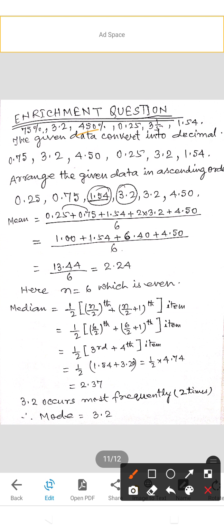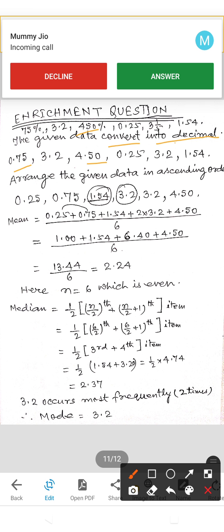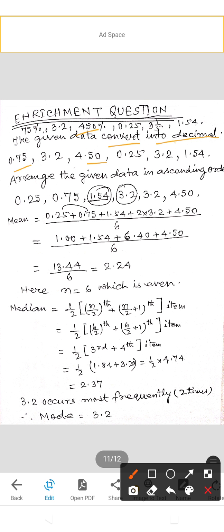First of all, convert the given data into decimals. 75%, that means 75 by 100, equal to 0.75. 3.2. 450%, that is 450 by 100, equal to 4.50. 0.25, and 3 and 1 by 5 means 3.2, and 1.54.